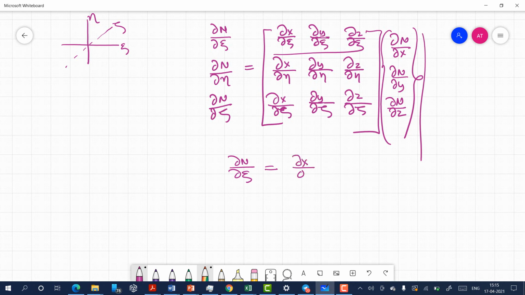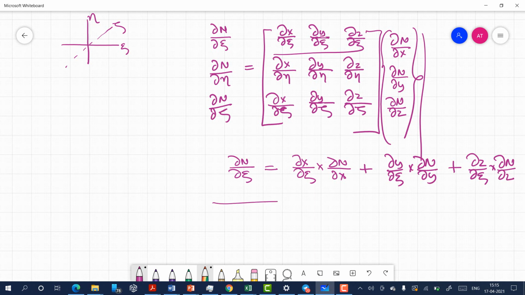So del x by del zeta into del n by del x plus del y by del zeta into del n by del y plus del z by del zeta into del n by del z. I have been calling it epsilon again, sorry. So you see that this is just the chain rule of the differential.